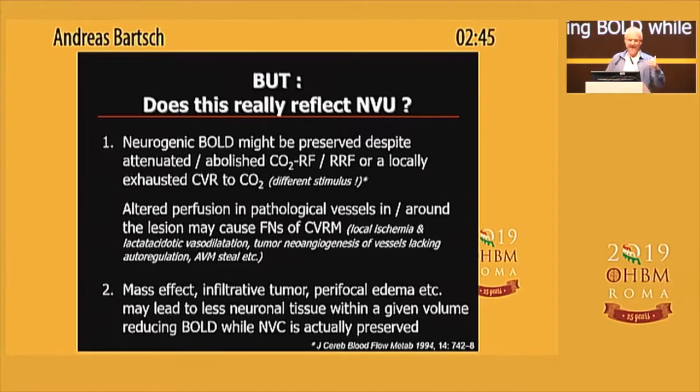And then, as to the second point, mass effect, infiltrated tumor, perifocal edema, etc., all this may lead to effectively less neuronal tissue within a given volume, which may reduce the BOLD response, while the neurovascular coupling is actually preserved, right? So I don't think that these previous two lines of evidence are good ways to establish neurovascular uncoupling.